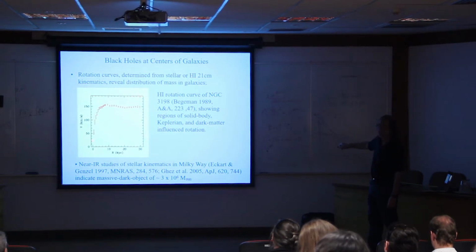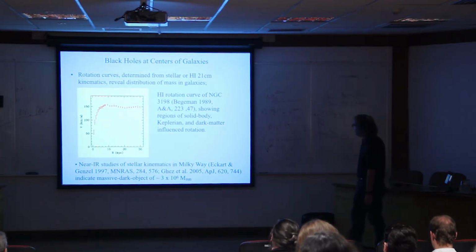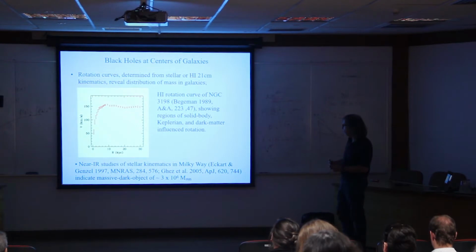So this is sort of a solid body rotation curve that's typical in inner parts of galaxies. You end up being Keplerian about here, and then this is that nasty dark matter stuff that causes this.